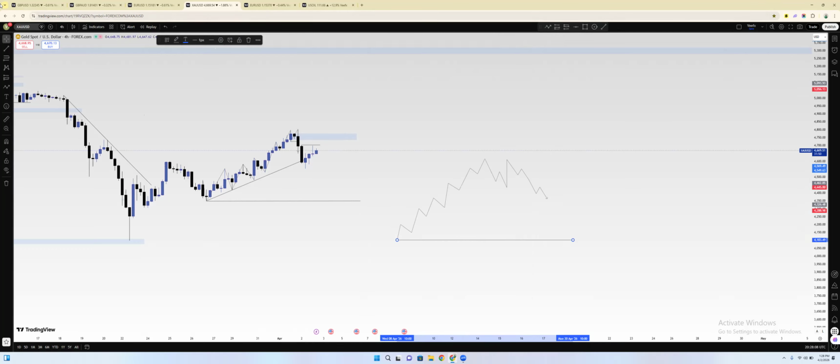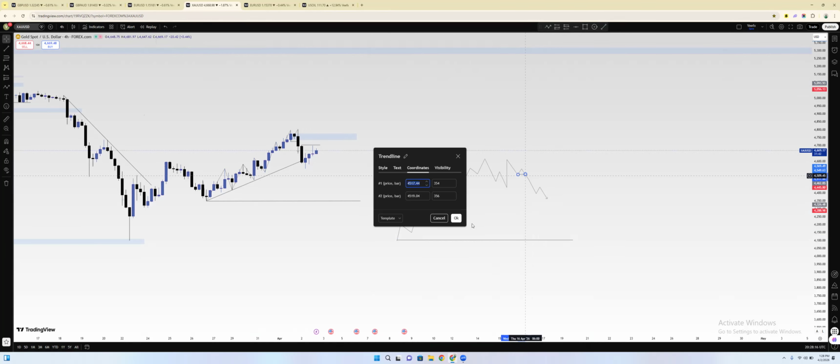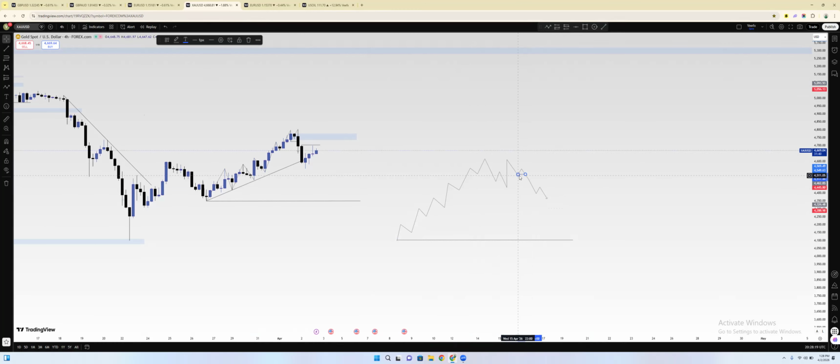For example, right here, when the market was making this move, it took out this low right here. This is what we call a single break of structure. I will not look to enter the trade yet, because it has only taken out one key zone. But when the market goes ahead and takes out this other key zone here, this is what we call a multiple break of structure, because it has taken out more than one.